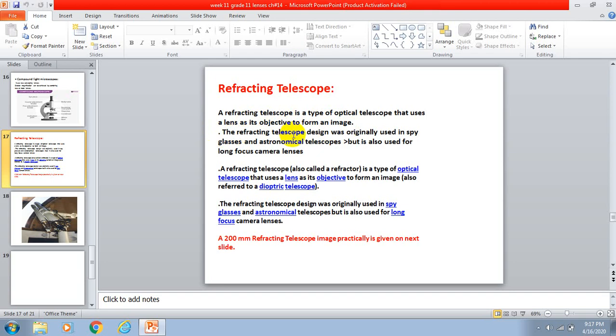Remember this. The refracting telescope design was originally used in spy glasses and astronomical telescopes.